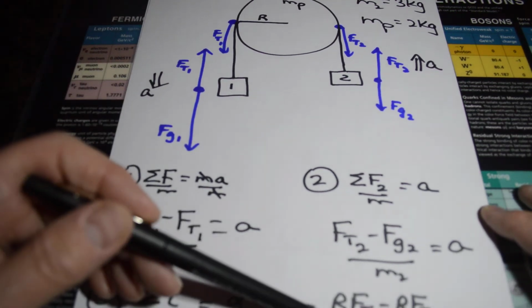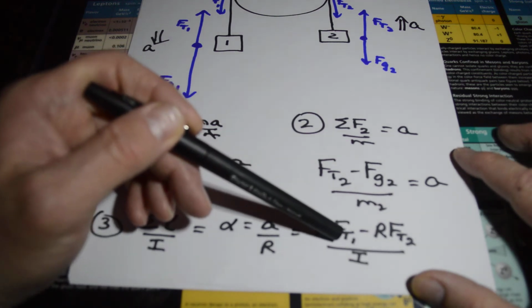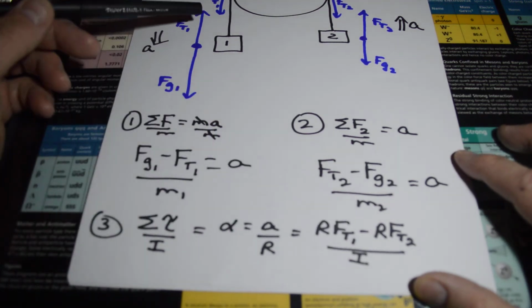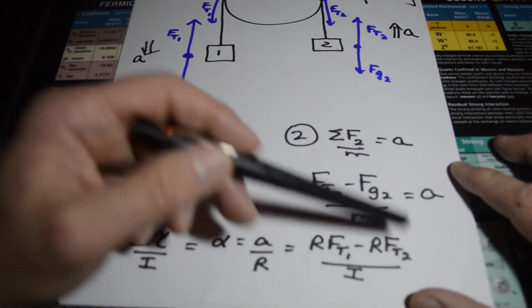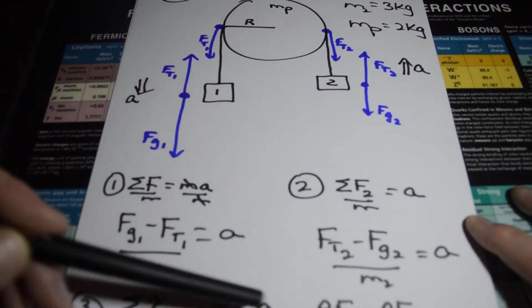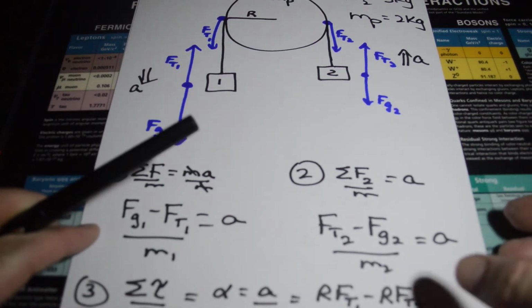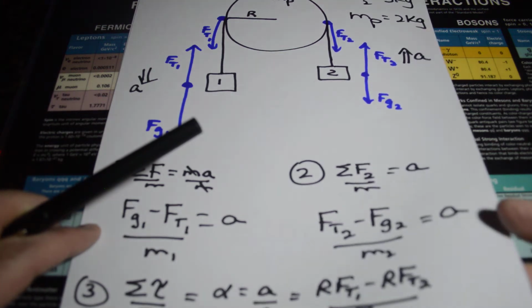So the equation is R times Ft1, the torque due to this force right over here, and R times Ft2, the torque caused by that one, over the moment of inertia, which gives you the angular acceleration.